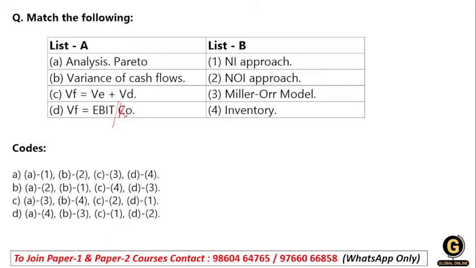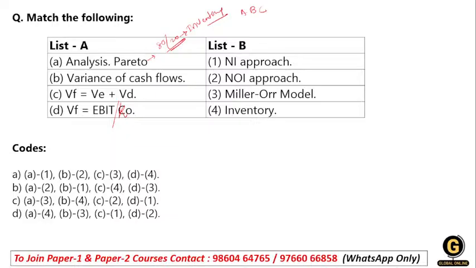Pareto analysis we have studied in inventory, because it is an 80-20 rule, commonly used in inventory management. It classifies items by importance according to ABC.